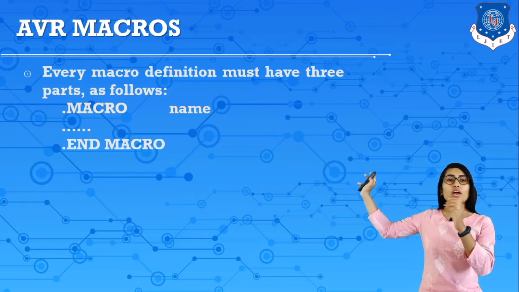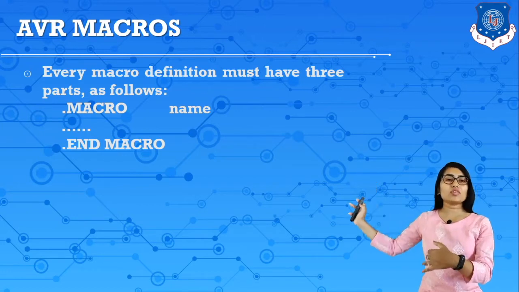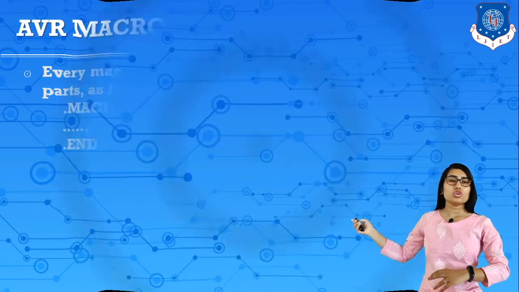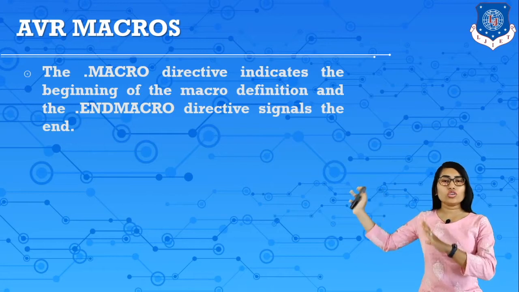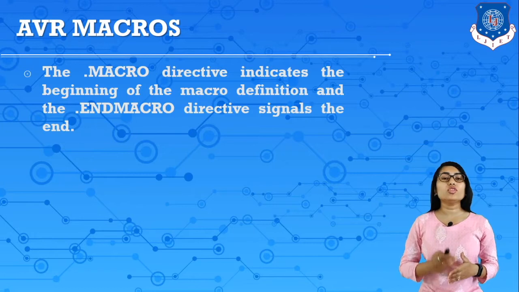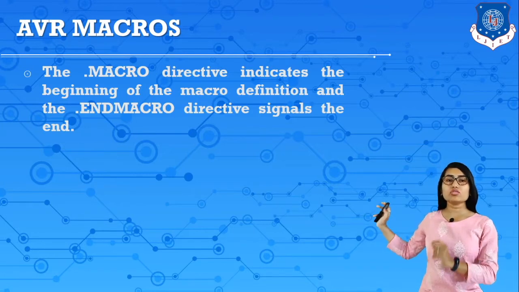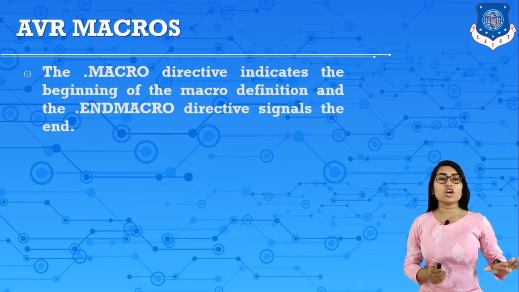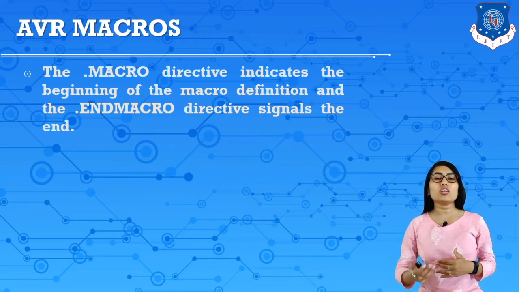So write .macro and the macro's name, and after that .endmacro. The .macro directive indicates the beginning of the macro definition, and the .endmacro directive signals the end of the macro definition.